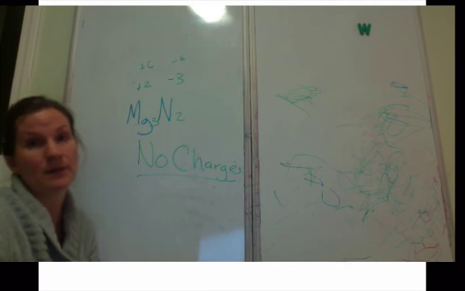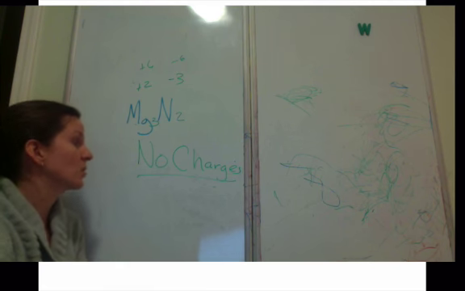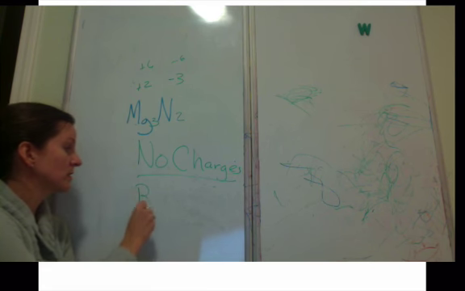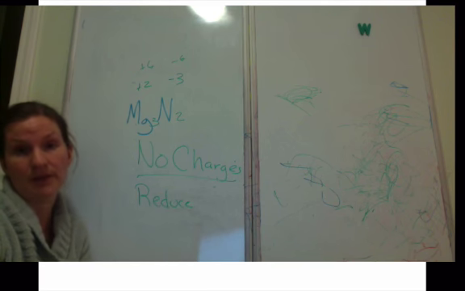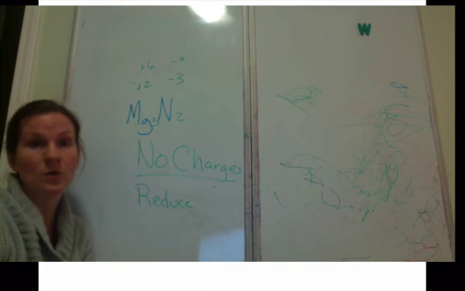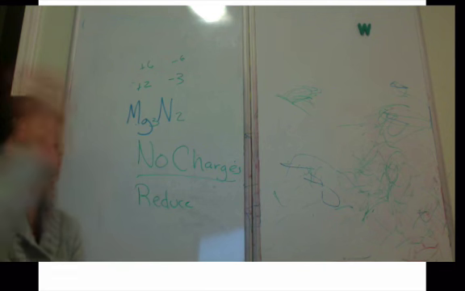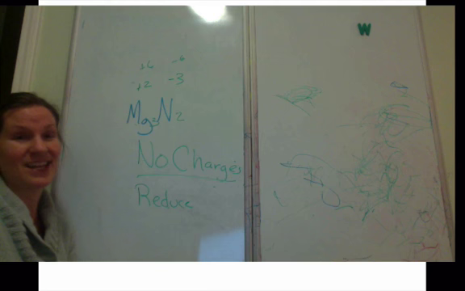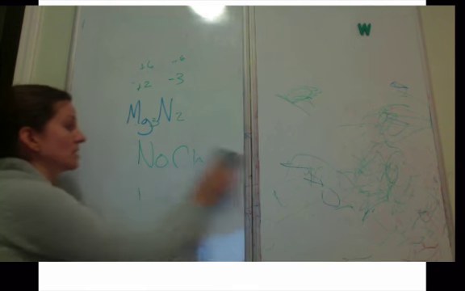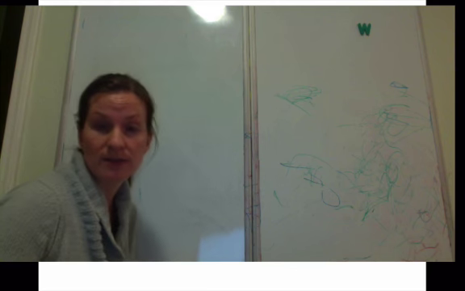So your last step, if you do the crisscross, is always to reduce your subscripts if you can. So when trying to figure out the neutral formula, you're trying to figure out how many you need to neutralize. I won't really do the crisscross method again, but I wanted you to at least see it once because it's a really simple, non-intelligent way to do this.